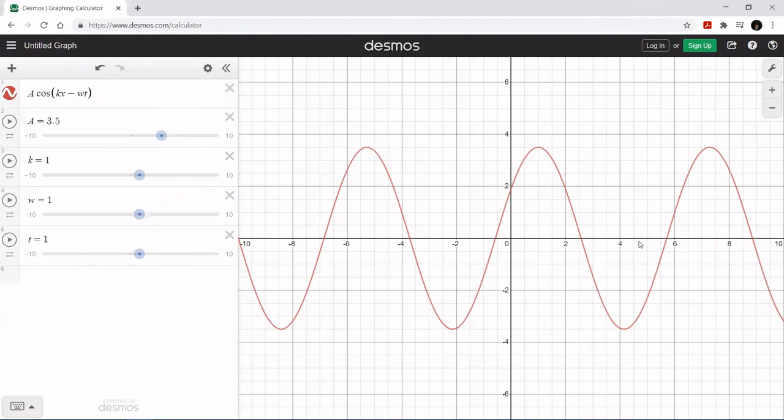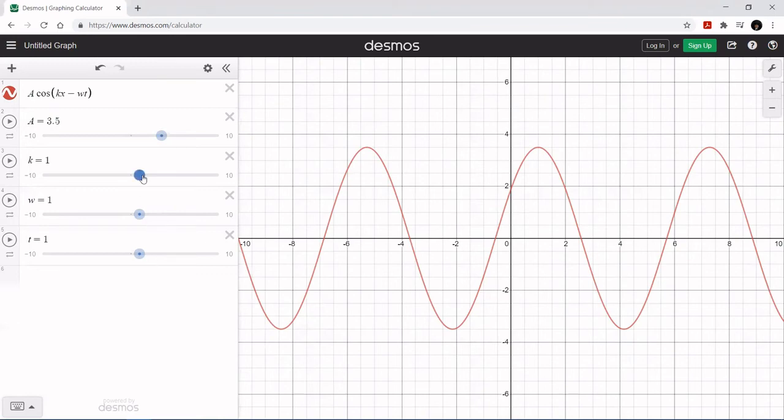It's as if we've made waves on a string, we've frozen time, maybe just taken a picture with a high-speed camera, and this shows the variation of the displacement in space, not in time. Now, it so happens that if you look at a particular position on the string and watch how it moves up and down in time, it also moves sinusoidally. And that's a very confusing point for a lot of people when they first begin working with these wave functions. Whether you look at a graph of displacement versus time or position, they're both sinusoidal.